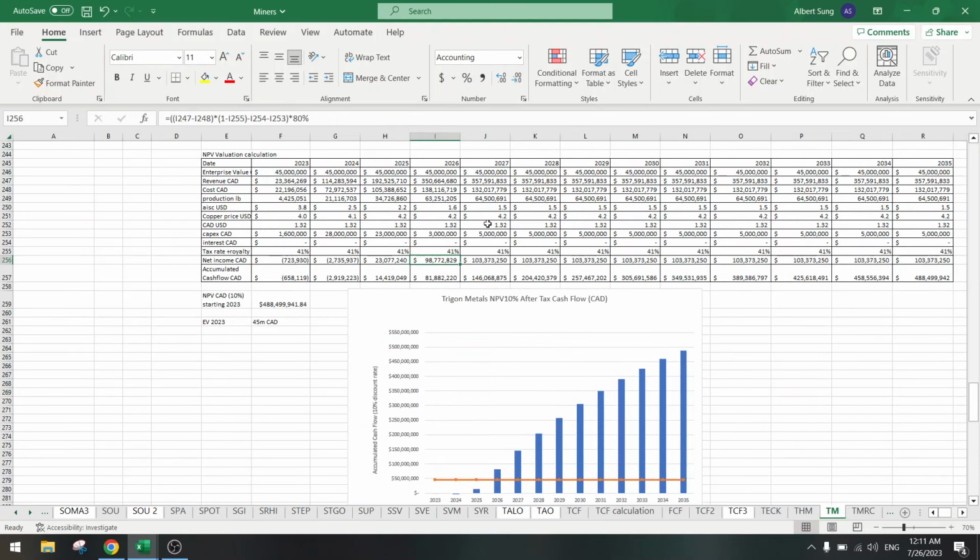Because here, when you look at the NPV cash flow model, at some point they will produce 60 million pounds of copper at a very low cost of 1.5. Copper could go to $5, but I took 4.5. And the net income is going to be at 100 million, as you can see here.